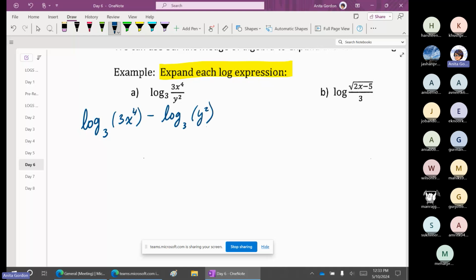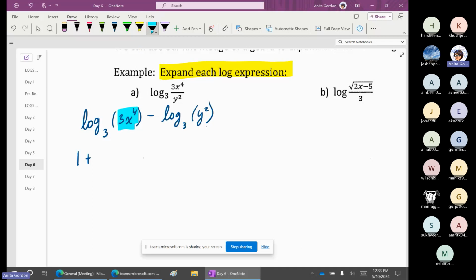What else can I do? Keep expanding. One plus, keep going. Because I'm using the product rule here.